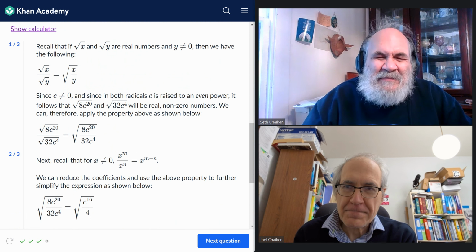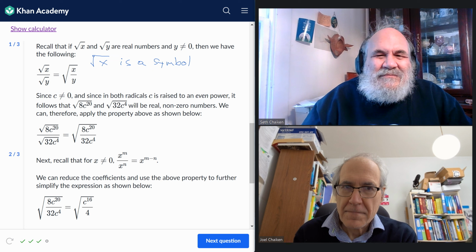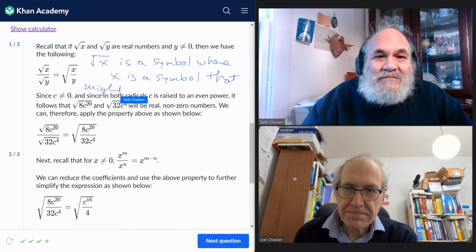However, what's really happening is that the square root of x is a symbol, where x is a symbol that might represent some particular real number.